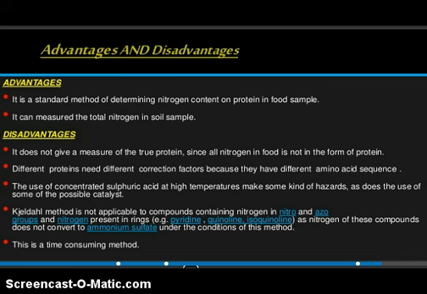The use of concentrated sulfuric acid at high temperature creates hazards, as does the use of some catalysts. The Kjeldahl method is not applicable to compounds containing nitrogen in nitro and azo groups, and nitrogen present in rings, such as pyridine, quinoline and isoquinoline, as the nitrogen of these compounds does not convert to ammonium sulfate under the conditions of this method. It is also a time consuming method.